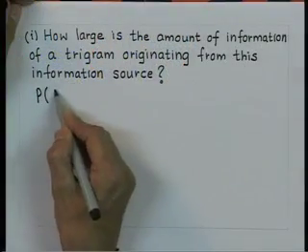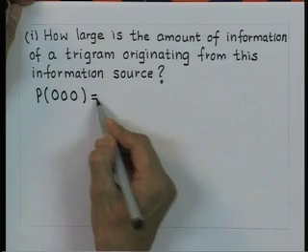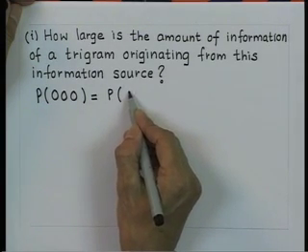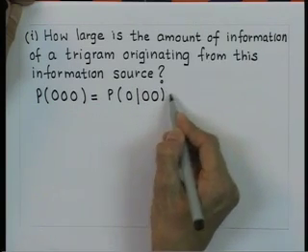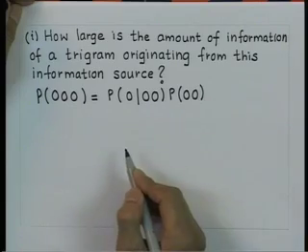The probabilities of the trigrams are determined first. Now, in order to do this, what I have to find out is the probability of 0, 0, 0. This is nothing but the probability of emitting 0 given I was in the state 0, 0, times the probability of being in the state 0, 0.